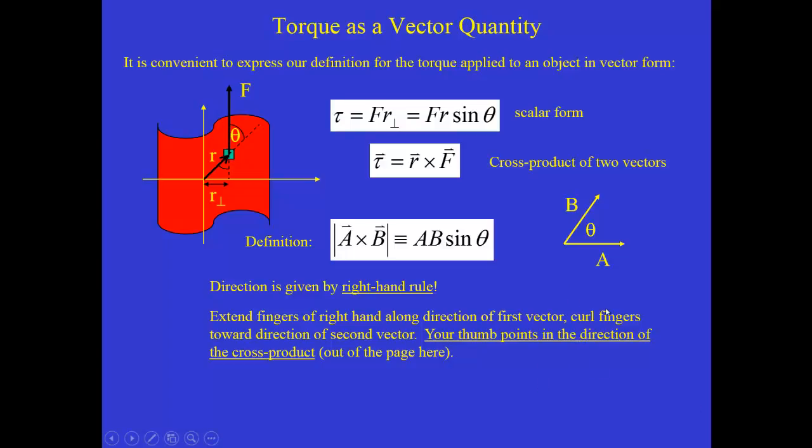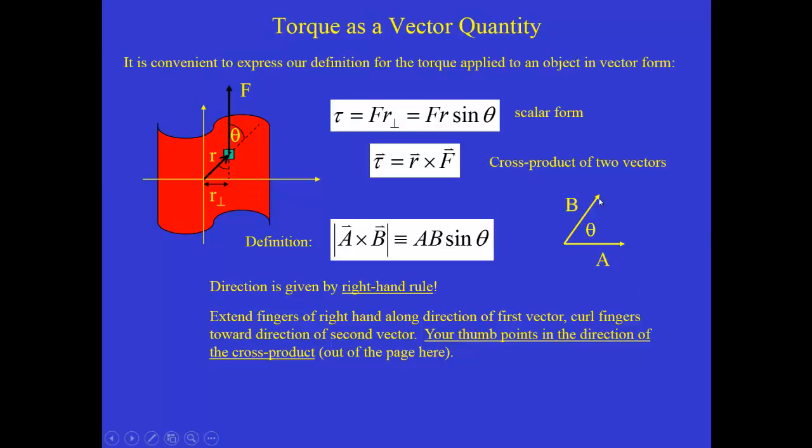Now, why is this important? Well, the curling of your hand from A towards B is consistent with the rotation that would be caused by that force acting on the object. It would cause the object to rotate counterclockwise, and that would be the direction of your fingers as they rotate from the direction of A to the direction of B, right?